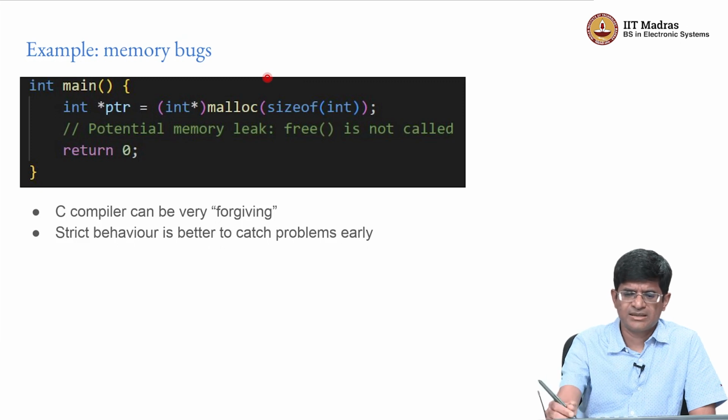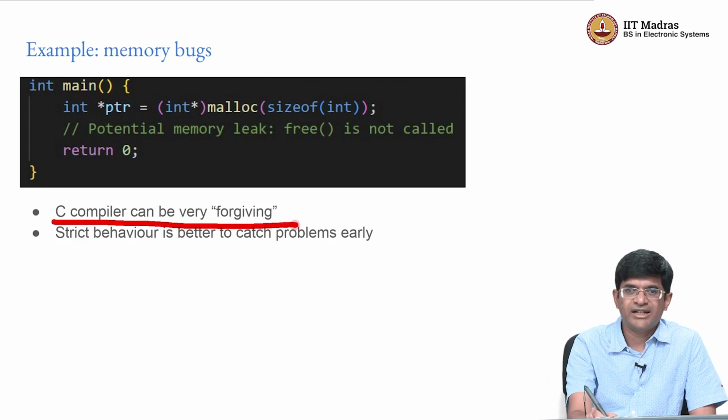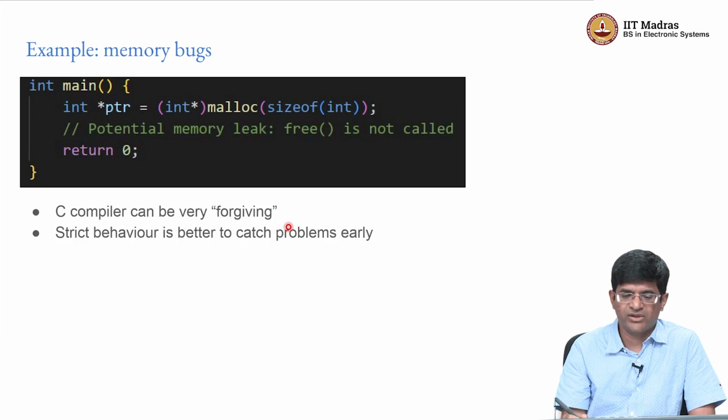So the C compilers by default can be very forgiving, which is not necessarily a good thing. There are ways by which you can specify certain flags to tell the compiler to be strict and indicate errors rather than just letting such things pass by. But there are also variants on the compiler, and if you think about it, it is the compiler's job to pretty much catch anything like this.